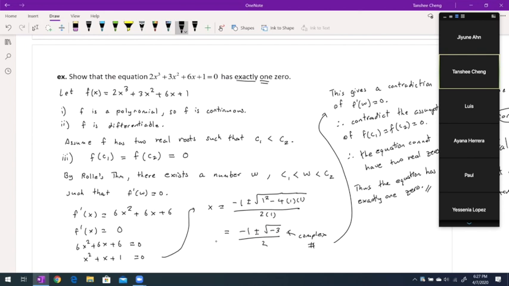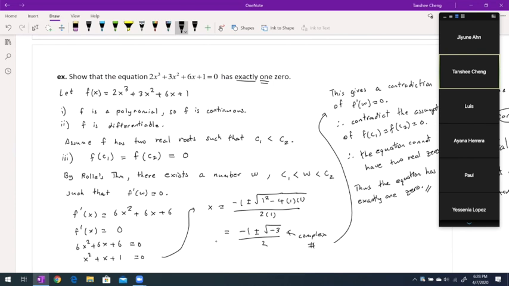The equation is basically about finding the zero of the function, because the theorem deals with continuous and differentiable functions, not equations. So that's why in the first step I'm renaming it. I will say let f of x equal 2x to the third plus 3x squared plus 6x plus 1.